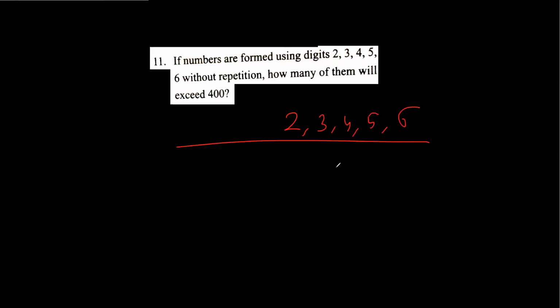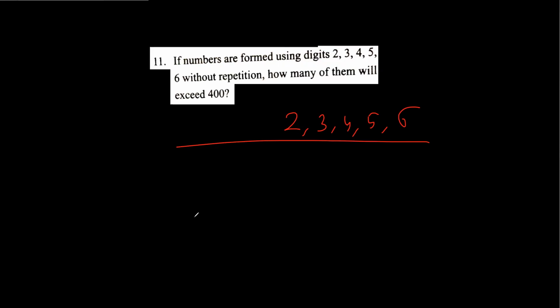Okay, that is, you are making a number without repetition. That is, you are going to use these digits, the digits 2, 3, 4, 5, and 6, but you will not repeat the digit.